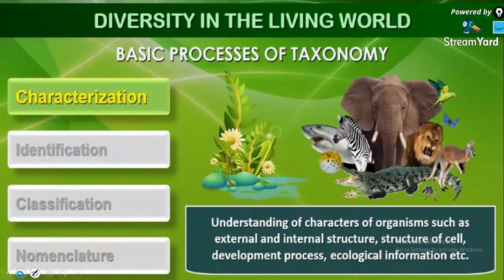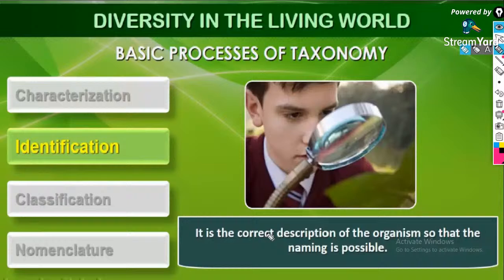What do you mean by identification? Identification means a correct description of the organism so that naming is possible. We have to identify whether it is an animal or a plant or a virus, a bacteria or protozoa, fungi, based on certain properties. You will be studying the different properties by which you can identify each organism in the upcoming chapters, that is biological classification, plant kingdom and animal kingdom.